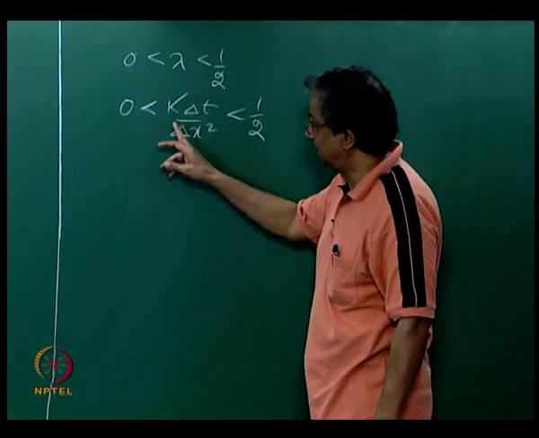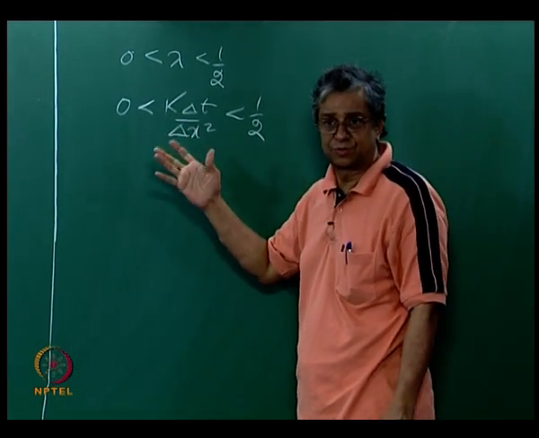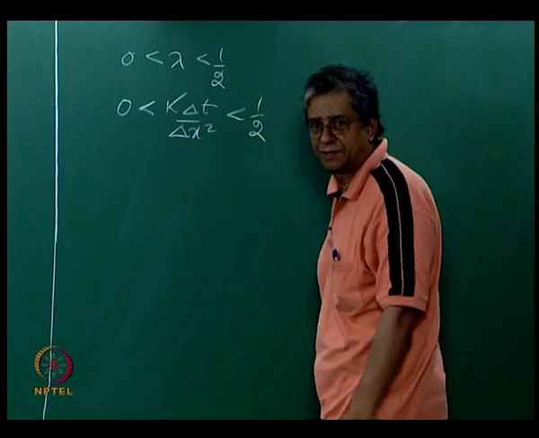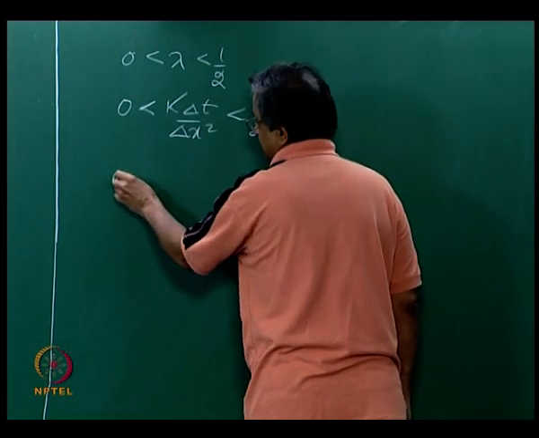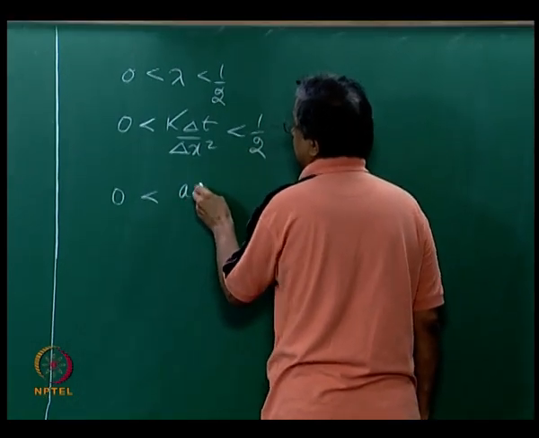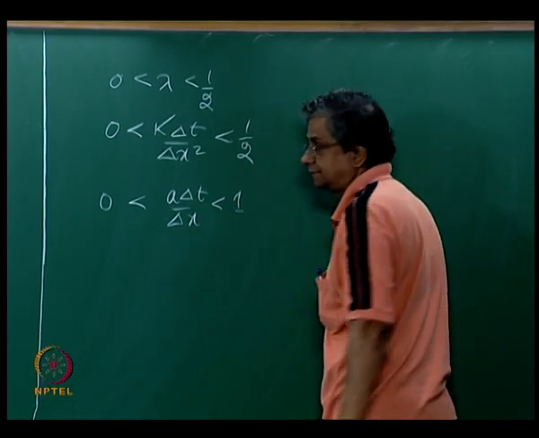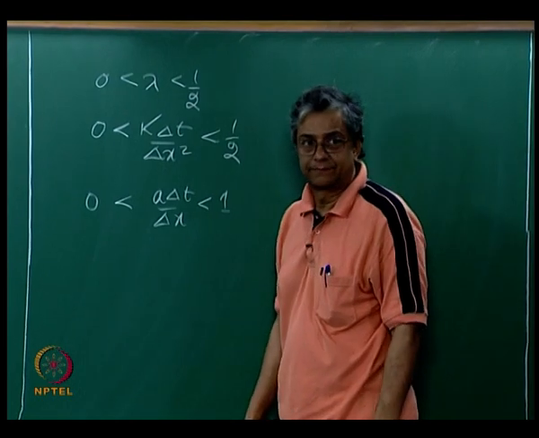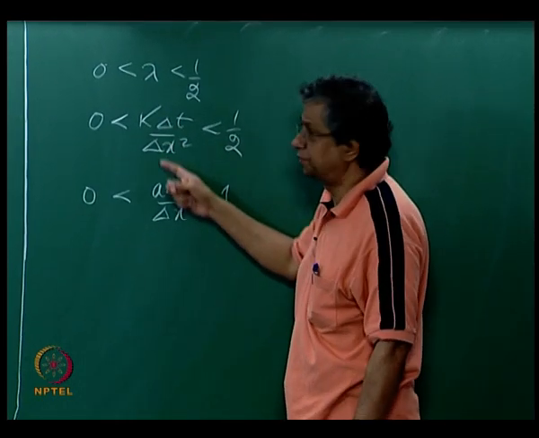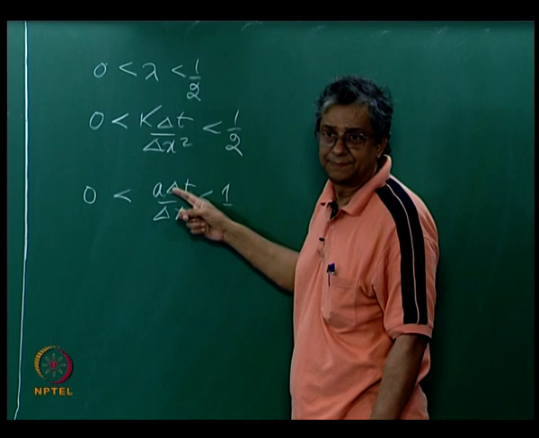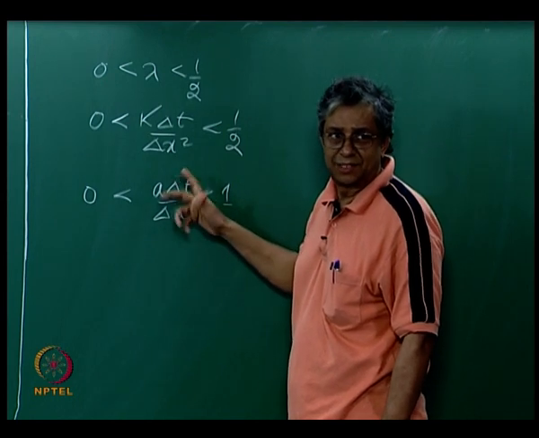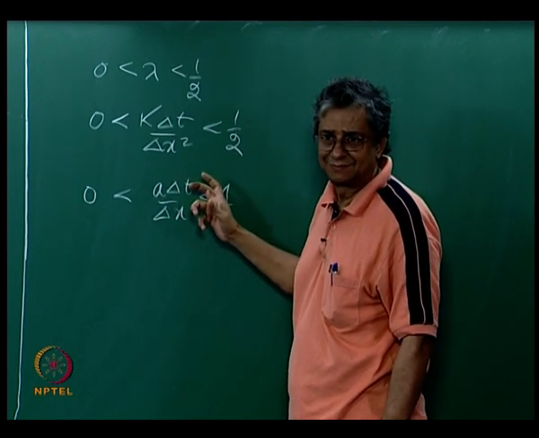So if kappa is very large, the question is what dominates? What was the CFL condition, the regular condition that we call the CFL condition? That was 0 less than a delta T by delta x less than 1. Depending on the relative magnitudes of A and kappa, you will end up applying the appropriate stability condition.